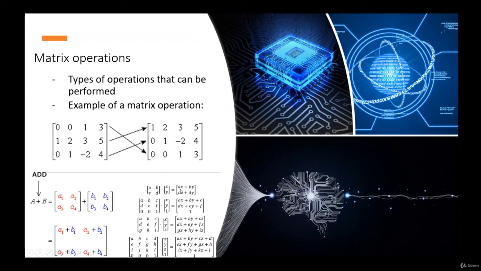The way you perform the operation is simple. You multiply your a by the x, and then you add the b multiplied by the y right here. Then same thing, c multiplied by the x plus d multiplied by the y right here.